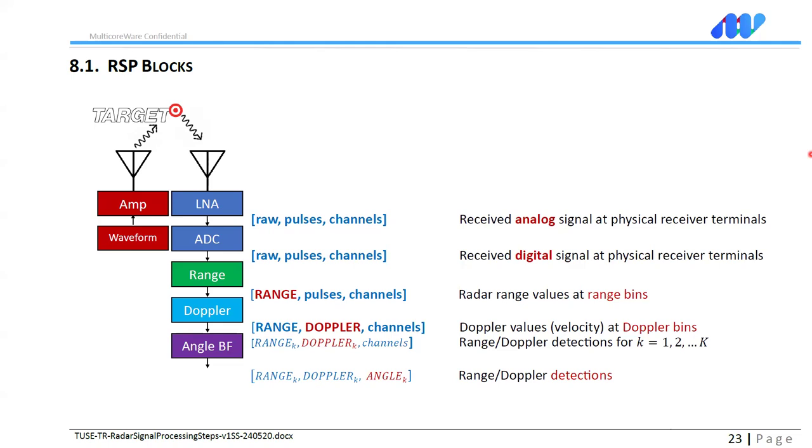The signal is transmitted on the left side from the antenna, hits the target or many targets, and comes back at the receiving antenna and is later processed in steps. So: low noise amplifier, ADC (analog to digital converter), range processing, Doppler filter, angle beamforming. This is what we are going to summarize today. The block diagram is on the right side, sorry. We will talk about what the data is, etc.